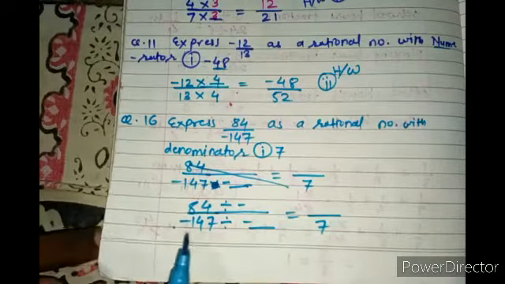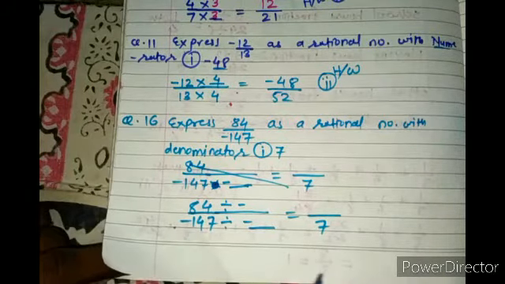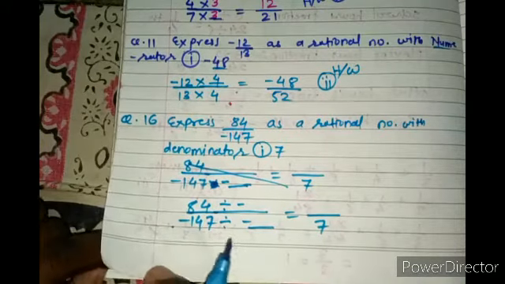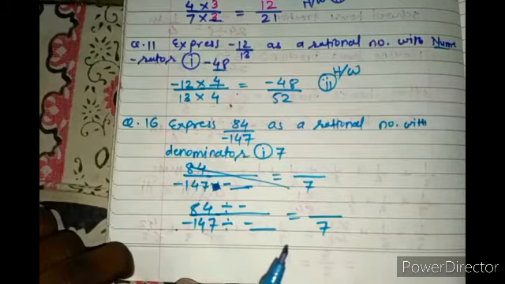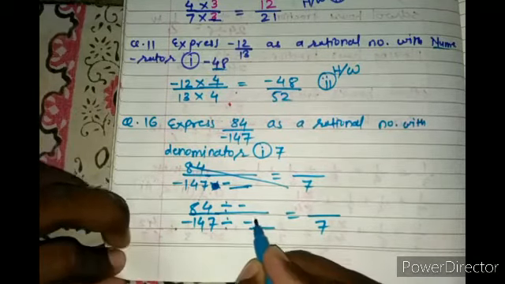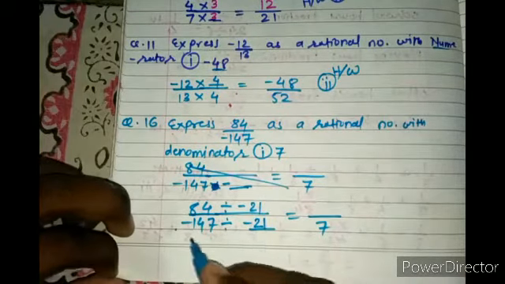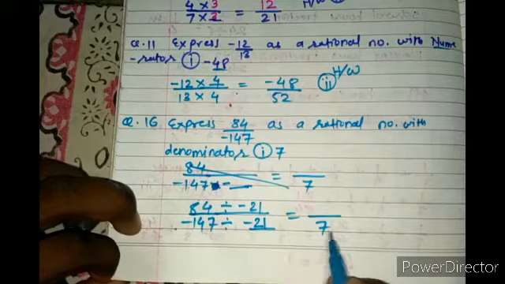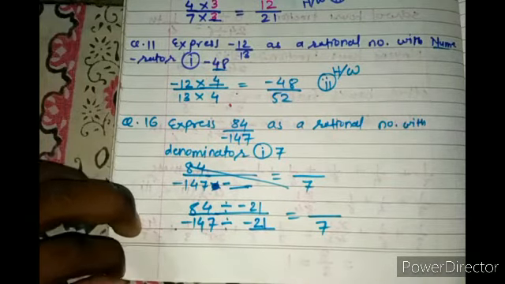For that, students, you should know the tables. In every table you have to be sure which number comes at which place. That number comes in the table of 21. 7 ones are 7, so 21 sevens are 147.